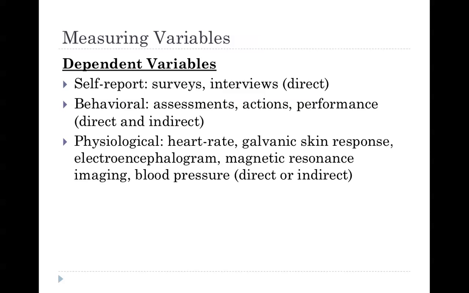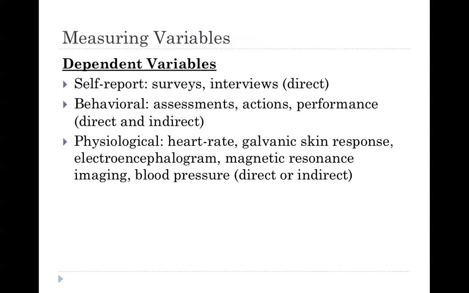Now with behavioral and physiological, though, it's different. With behavioral, it could be either direct or indirect. So it shouldn't say "and," it should say "or." The behavioral can be a variety of things. It could be a person's performance, it could be their actions, it could be an assessment on a certain task itself.